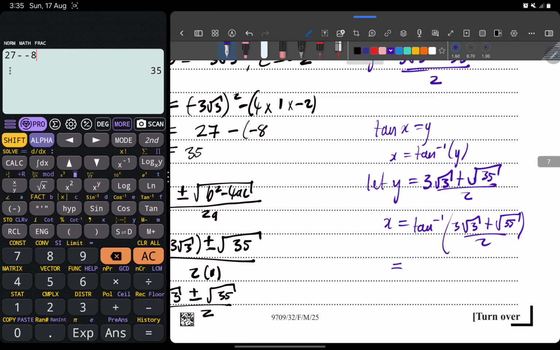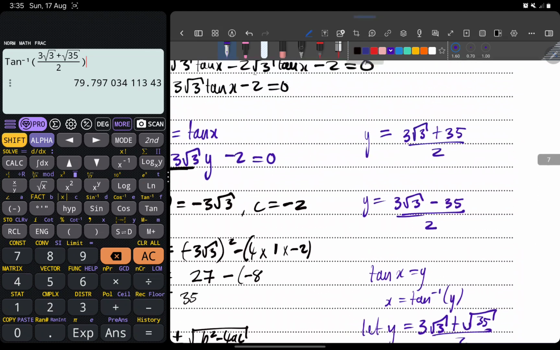It is going to be tan inverse of, you open a fraction, 3 root 3 plus root 35 over 2. What do you get? You get 79 point whatever. So x is equal to 79.8.